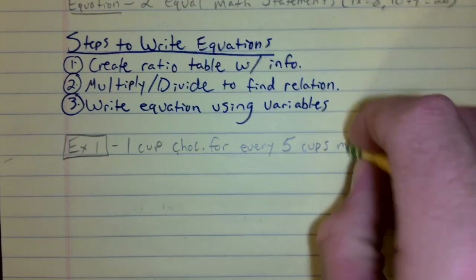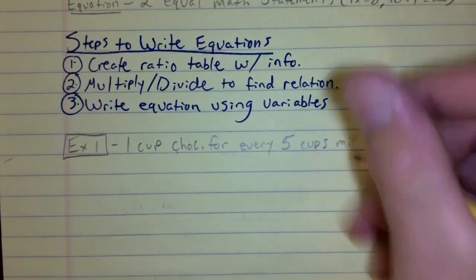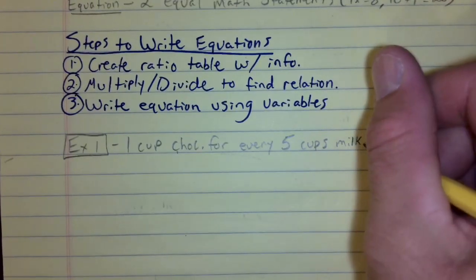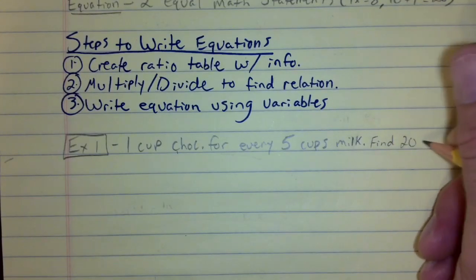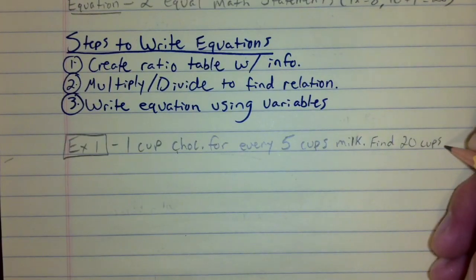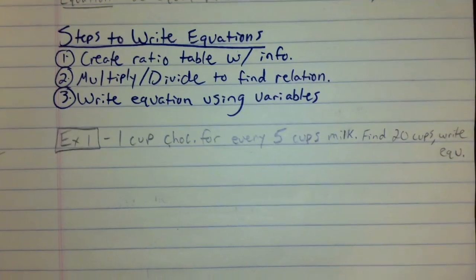It says find 20 cups and write equation. And you can abbreviate EQU with equation.